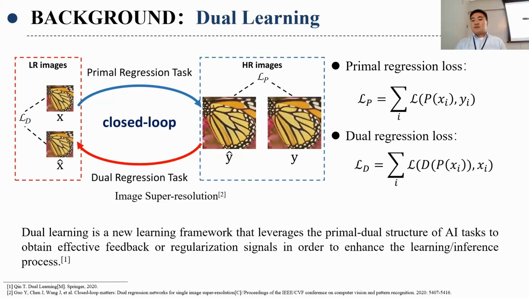Dual learning has been a great success in natural image processing. For example, in the image super resolution task, the primal task is to learn the mapping from a low resolution image to a high resolution image. And the dual task is to learn the mapping from the high resolution image to the low resolution image. The image super resolution task can be improved by adding the primal loss and the dual loss and learning two mappings simultaneously.